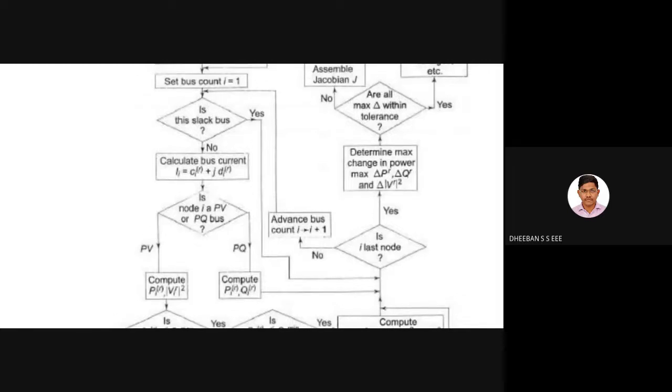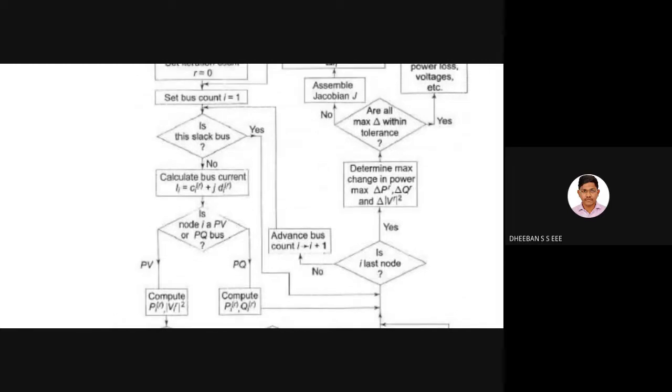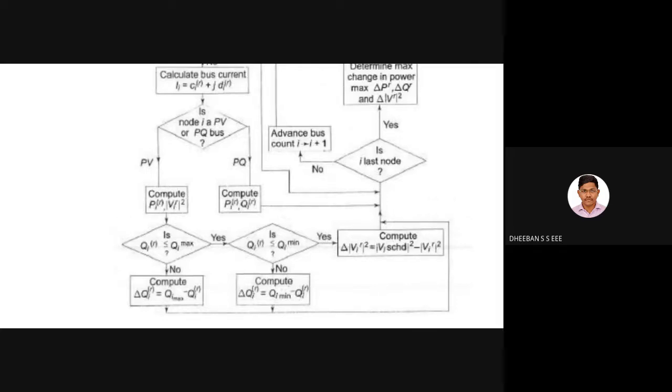Like that, you have to check whether any buses remain. If it is not the last bus, you have to increase the bus count and repeat the steps again. In repeating, you will get the equation of del V2, and from V2 to V3, the voltage for the next bus.